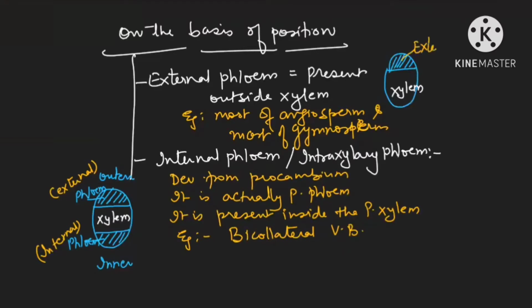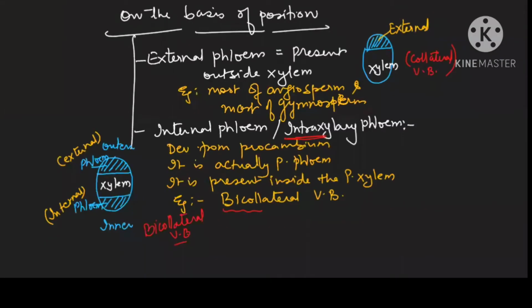If phloem is present only on one side, then such vascular bundles are known as collateral vascular bundles. And if the phloem is present on both sides, external as well as internal, then we say bicollateral vascular bundle. Is it clear? Now let me give you the examples of bicollateral bundle families so that it will be easy for your learning.